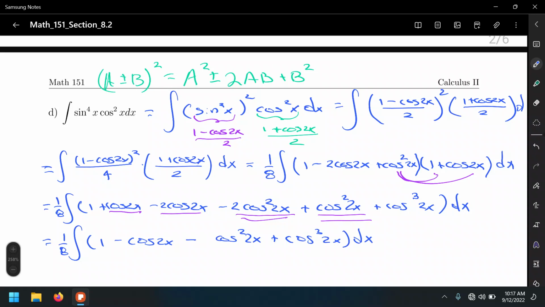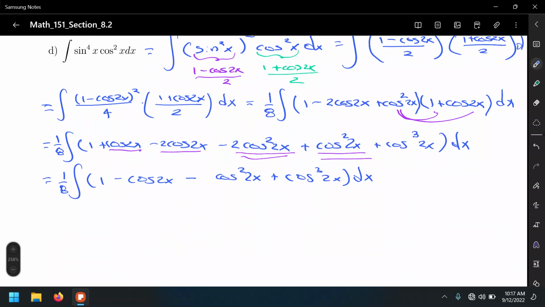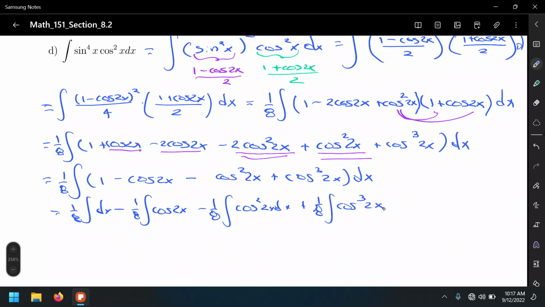So what I'm going to do is write four integrals. That's 1/8 integral of dx minus 1/8 integral of cosine 2x minus 1/8, don't forget the 1/8 in the front, cosine squared 2x plus 1/8 integral of cosine cubed 2x.